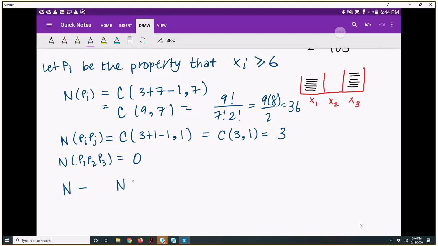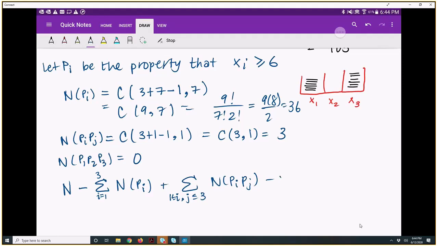So now, if I want to find n minus n of P sub i, this is going to be the sum of all 3 of them, plus n of P sub i, P sub j, where 1 is less than or equal to i and j less than or equal to 3.